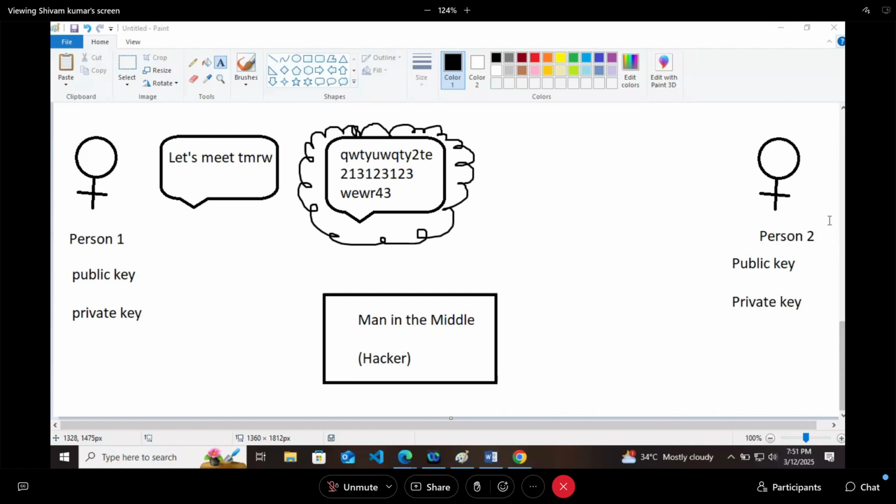Think again. A public key encrypted message can be only opened by a private key. Now, which key will be used here?